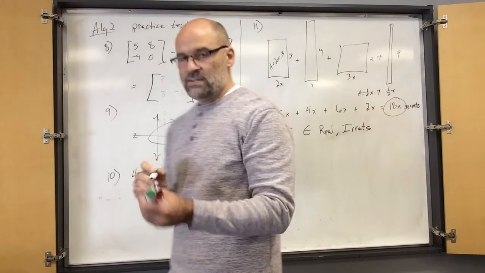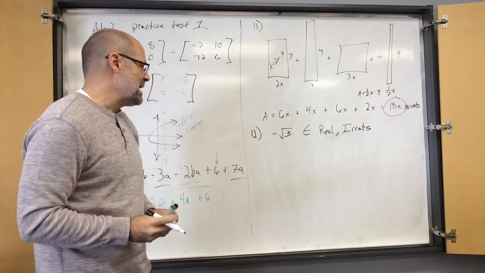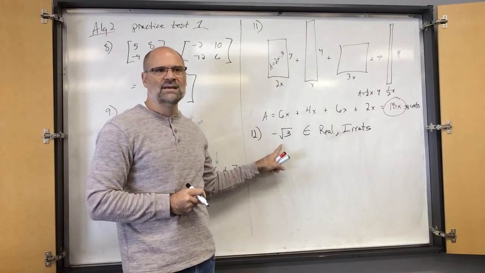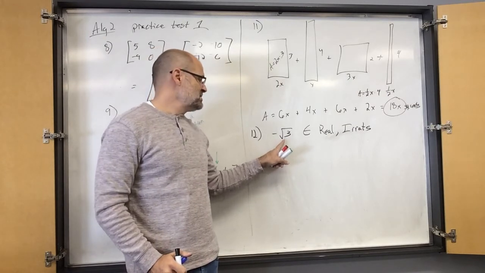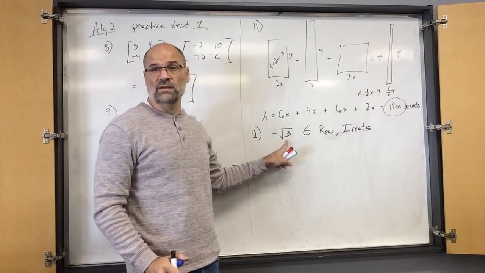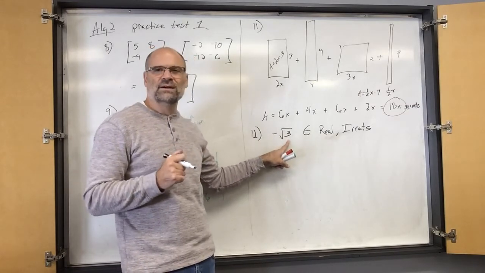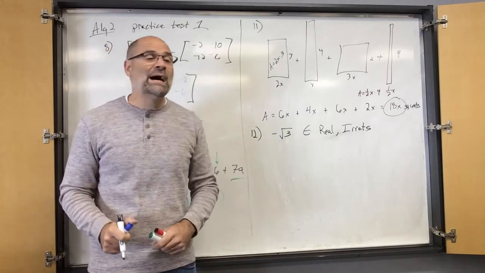So you may want to write this down if you want. Anything with a radical in it after you simplify it, and this is simplified, you can't do anything else, is irrational. The only thing that would make that rational is if you could actually take the square root of 3. But you can't. I mean, you can, but it's an irrational number. So it's not a perfect square. So anything with a radical in it is irrational, or anything with a pi in it.